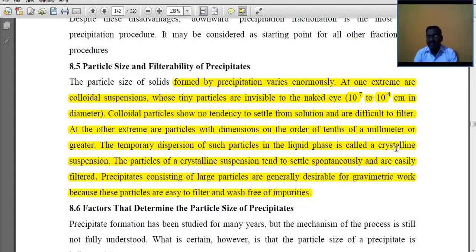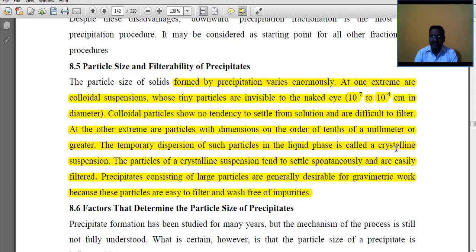At the other extreme are particles with dimensions on the order of tenths of a millimeter or greater. The temporary dispersion of such particles in the liquid phase is called a crystalline suspension. The particles of a crystalline suspension tend to settle spontaneously and are easily filtered.